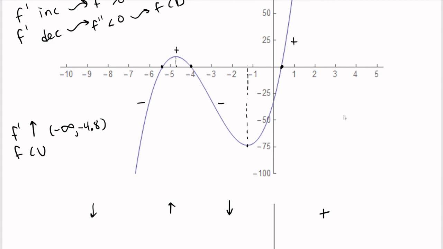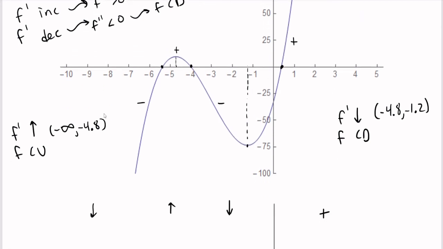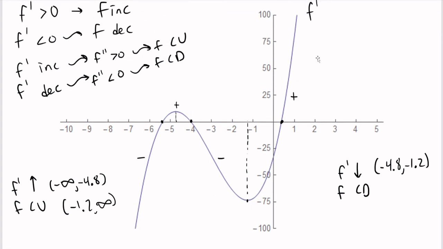So f prime is decreasing from negative 4.8 to negative 1.2, which means that's exactly where f is going to be concave down. Then I'm increasing again forever, from negative 1.2 to infinity. As soon as I turn this corner, I'm increasing.